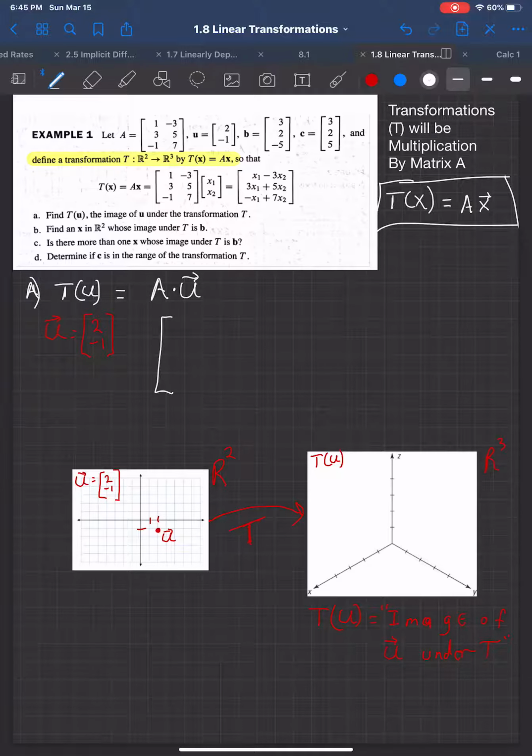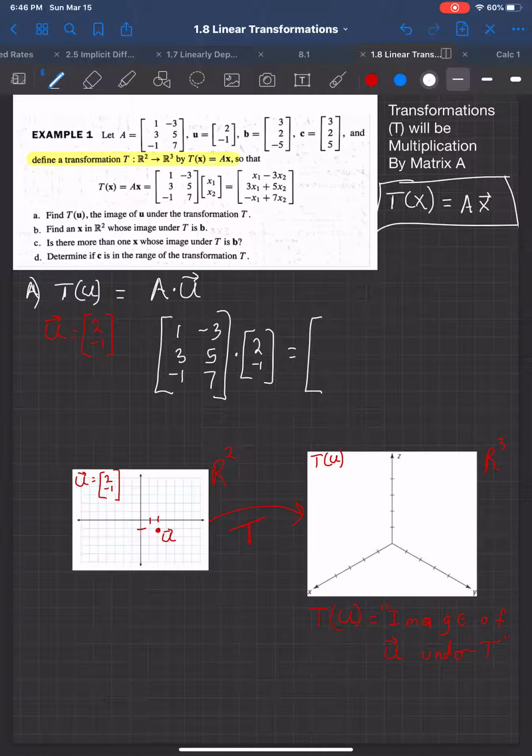Matrix A is 1, -3, 3, 5, -1, 7, multiplied by U, which is 2, -1. I'm not going to go through this multiplication. I've already done that in previous lectures. So the result is the following: 5, 1, -9.